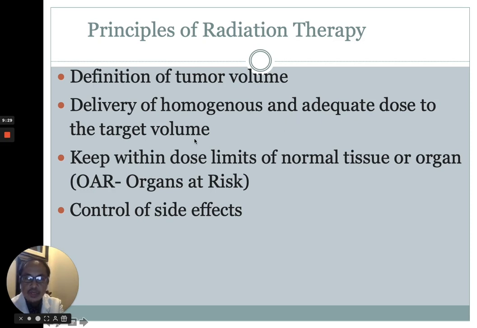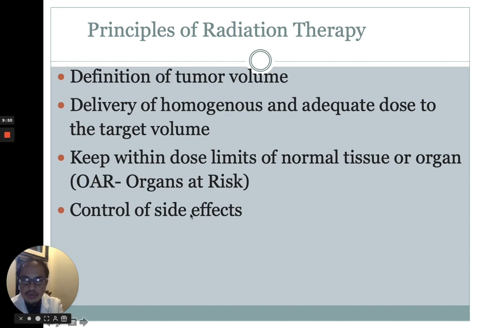That's why for any cancer, we have a certain dosage that needs to be given to these patients. Then we keep the dose limits of normal tissues or organs. These are the organs at risk, and control the side effects.